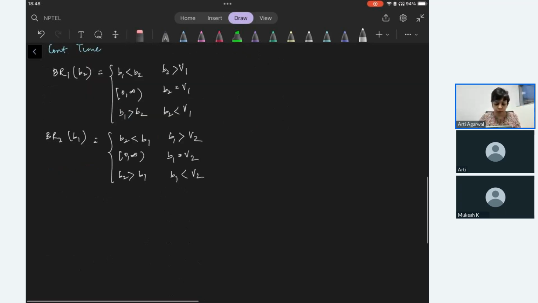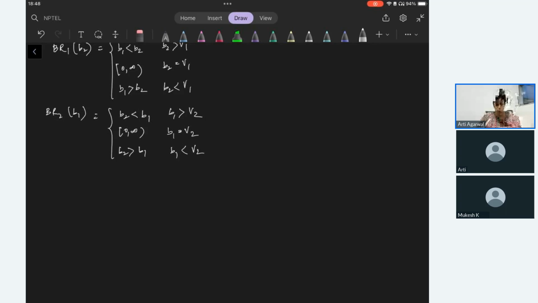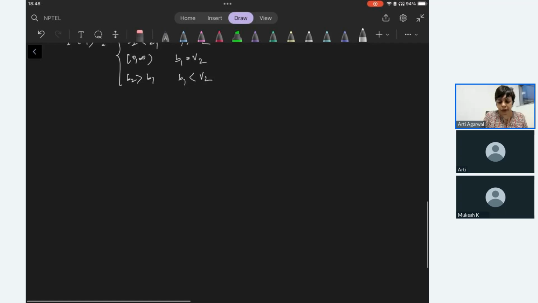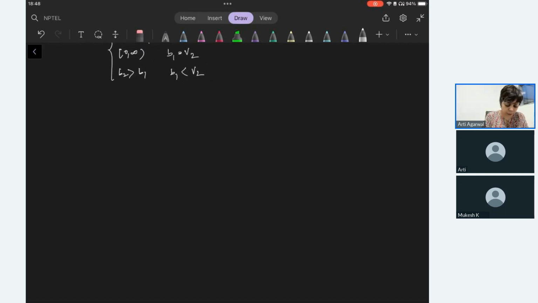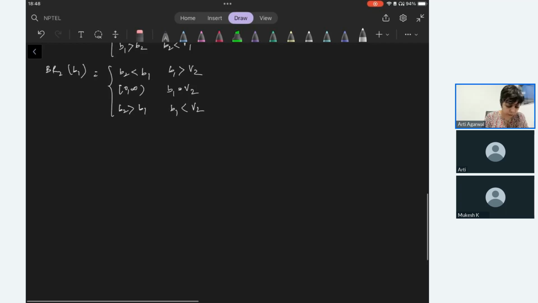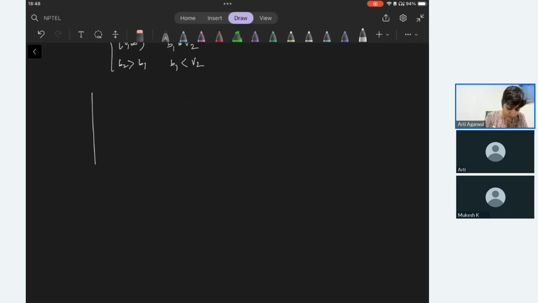Now this time I will try to plot it. Although I have already plotted it, let me try to plot here also. This is V1, this is V2.